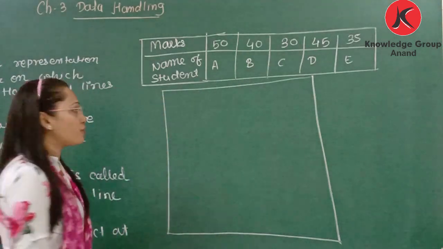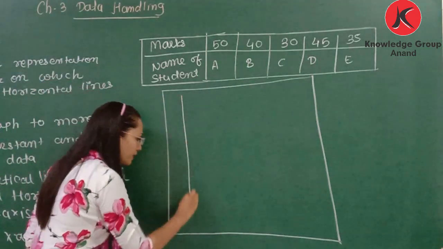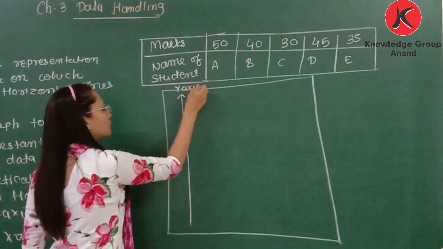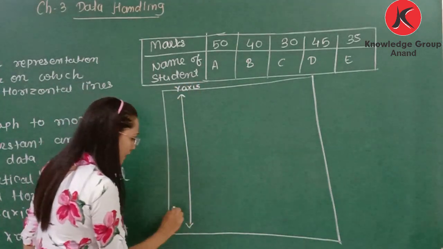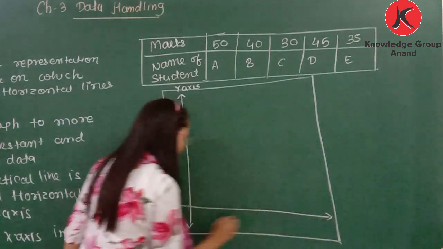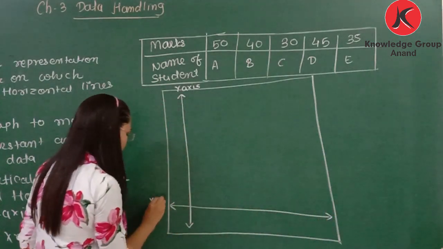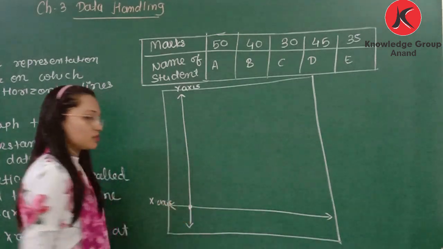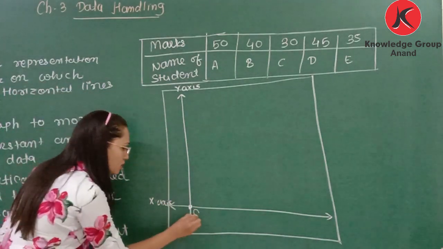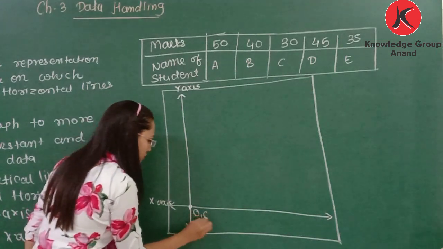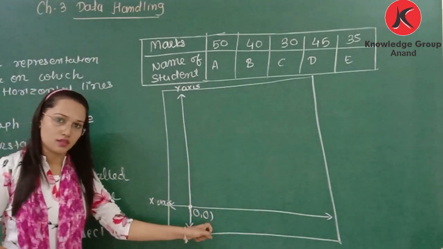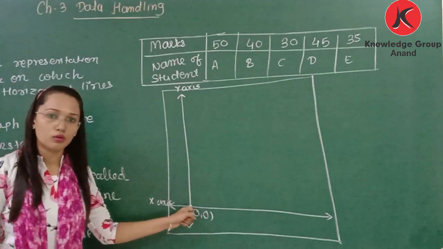So for that, first of all, you need to draw a vertical line, that is called y-axis, and a horizontal line, that is called x-axis. This point is called origin, and its points are 0 and 0. Okay, this is called origin.